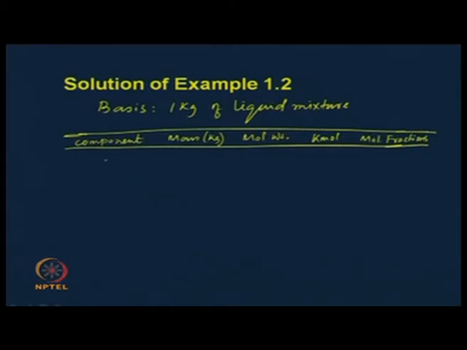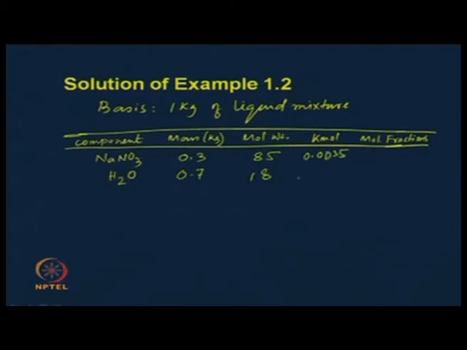So, component is sodium nitrate and water. The percentage is given as 30 weight%. So, this is 0.3 kg and this is 0.7 kg. Molecular weight is 85 and 18, and this is kilomole.